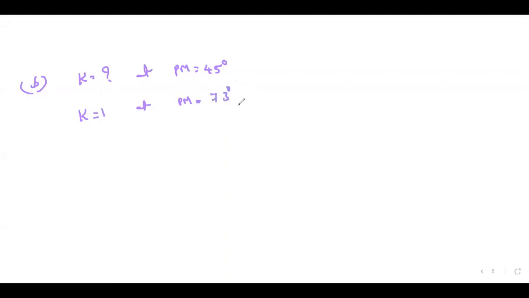Okay. How did we get this? This is the phase plot, something like this, and this is the omega GC point. At this point, what is the angle?